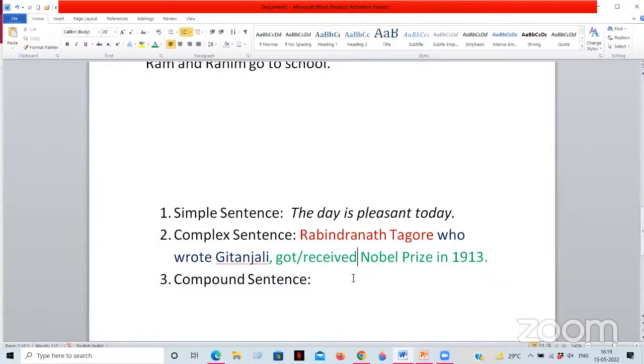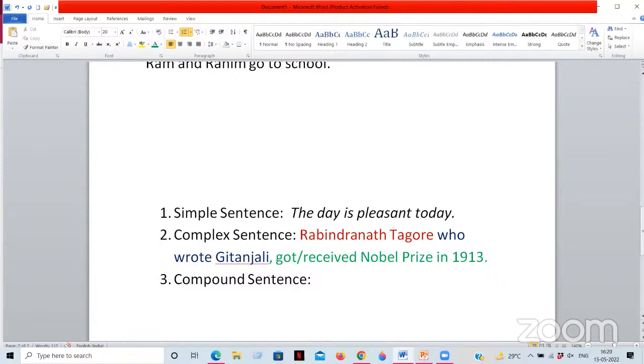These things are not so important, but they can also ask some questions, like what is a sentence? What are the types of sentence? Then you have to give some little definitions with one or two examples. If they ask what is a complex sentence, a complex sentence is one which is combined of two or more than two clauses together.